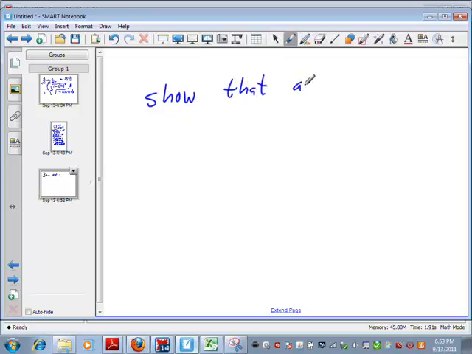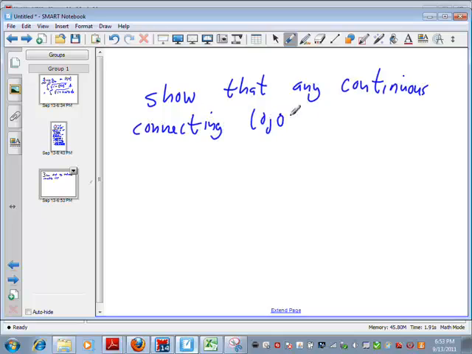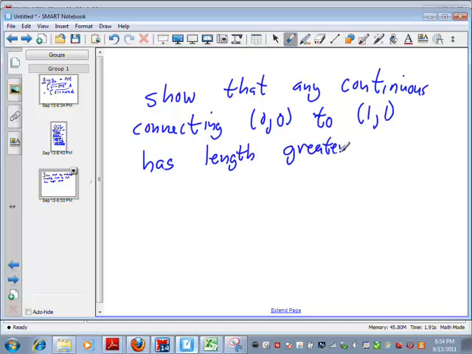Show that any continuous function connecting 0,0 to 1,1 has length greater than 1.